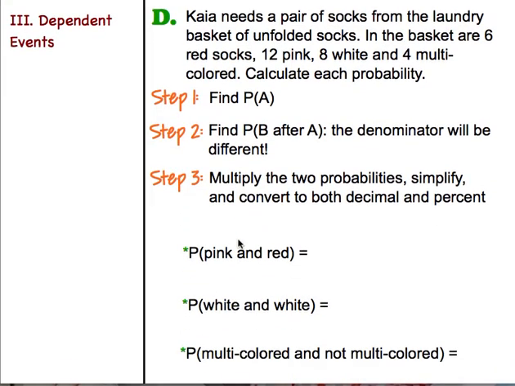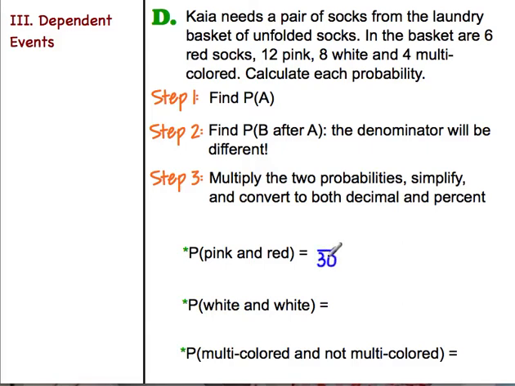So we need to find the probability of getting a pink and then a red sock. If we look here, we have 12 plus 8 plus 4 plus 6, which is 30 socks. So I'm going to start with our denominator of 30.